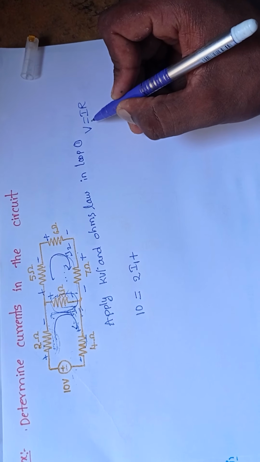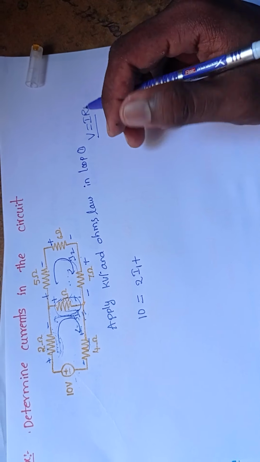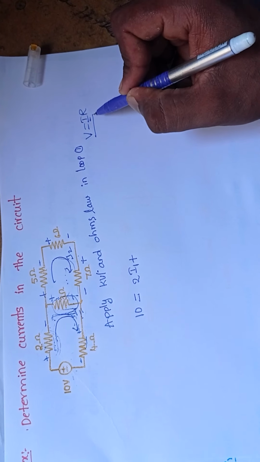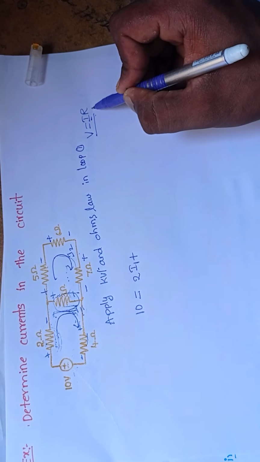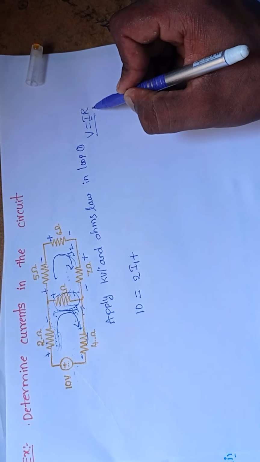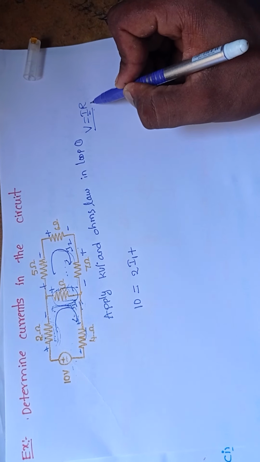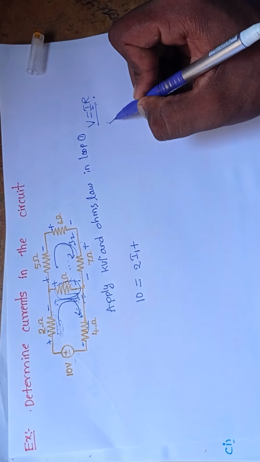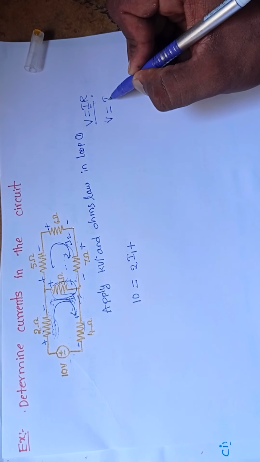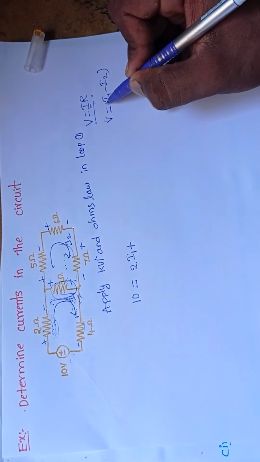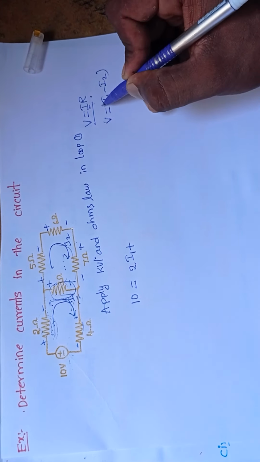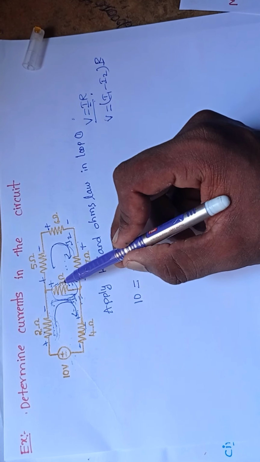Generally we have this formula for Ohm's law, but here we have two currents, I1 and I2, which are opposite in direction. That means the total current is I1 minus I2. If the currents flow in the same direction, we add them, and if they flow in opposite directions, we subtract them. So V is equal to (I1 minus I2) times R, where R is the resistance, here 3 ohms.